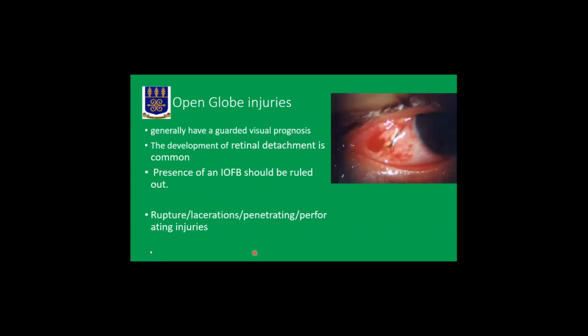Now, in the management of open globe injuries, you should know that prognosis is guarded, but the initial presenting visual acuity can give you a lot of prognostic significance. They may be having retinal detachment associated with the open globe injury. They may also have intraocular foreign bodies.